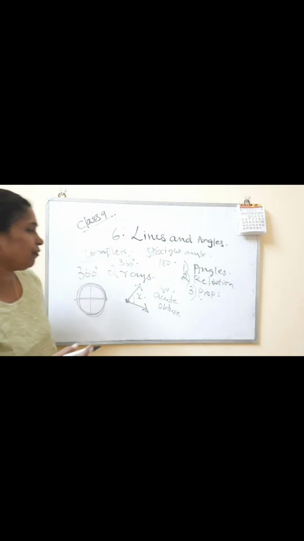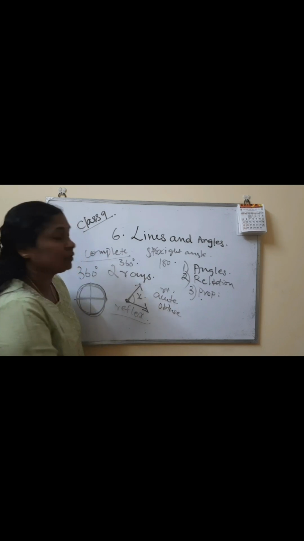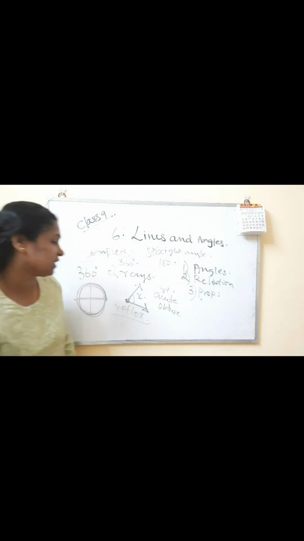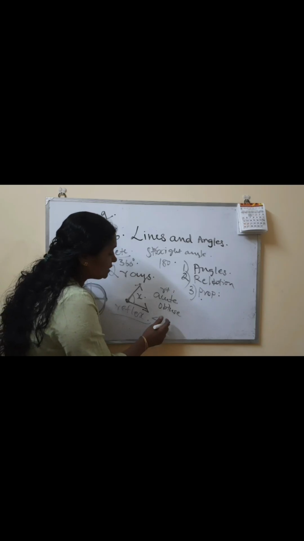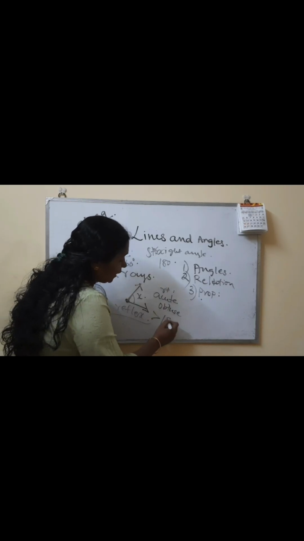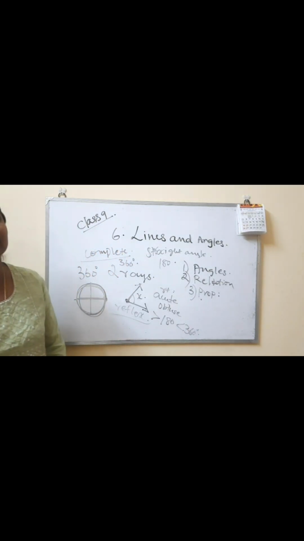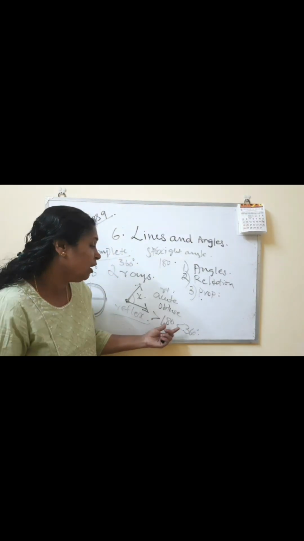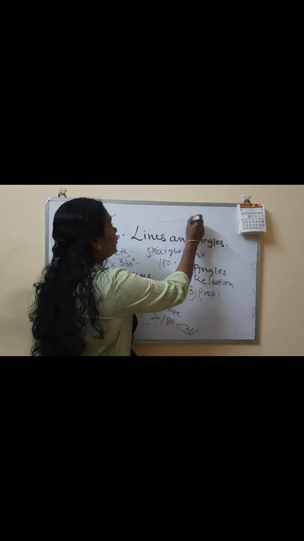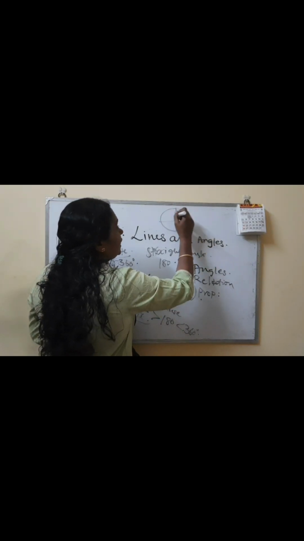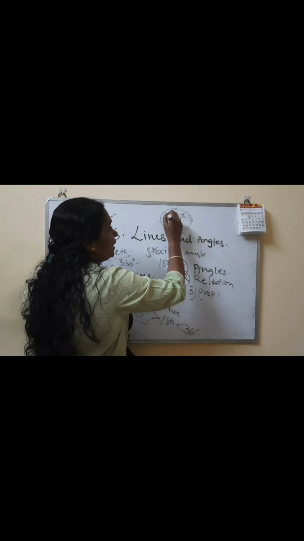Then another type of angle is the reflex angle. Have you heard about this reflex angle? The measurement of a reflex angle is always greater than 180 and less than 360 degrees. For example, when we draw a circle, here it is x, and the reflex angle of x is here.